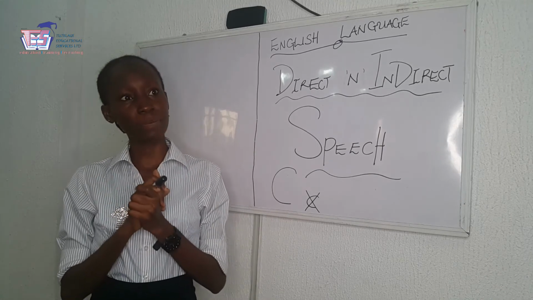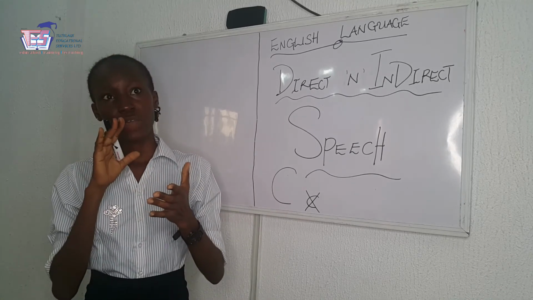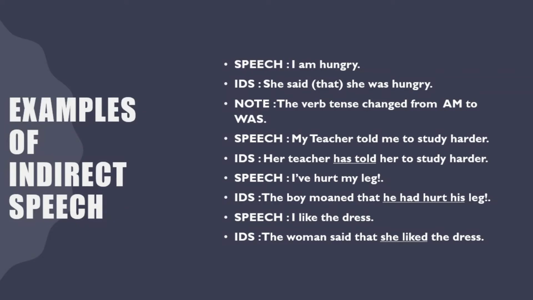So in some example of indirect speech, we have a sentence like, "I am hungry." So the indirect speech is, she said that she was hungry. Now note, in the speech I said "I am hungry," and in the indirect speech I said she said that she was hungry.